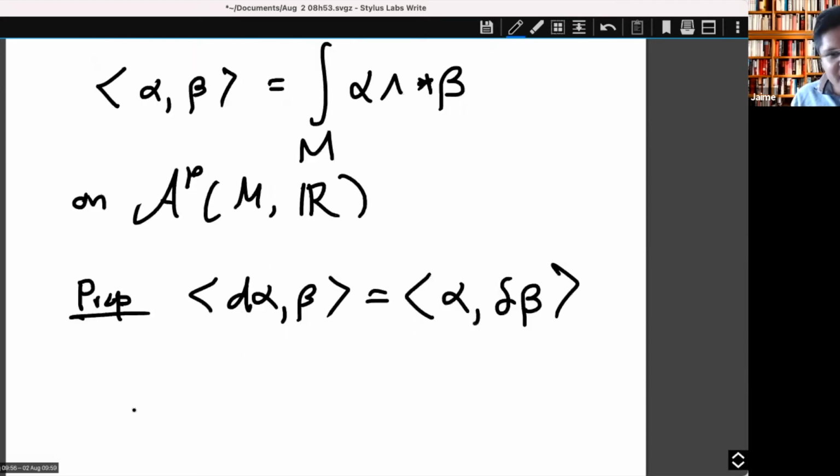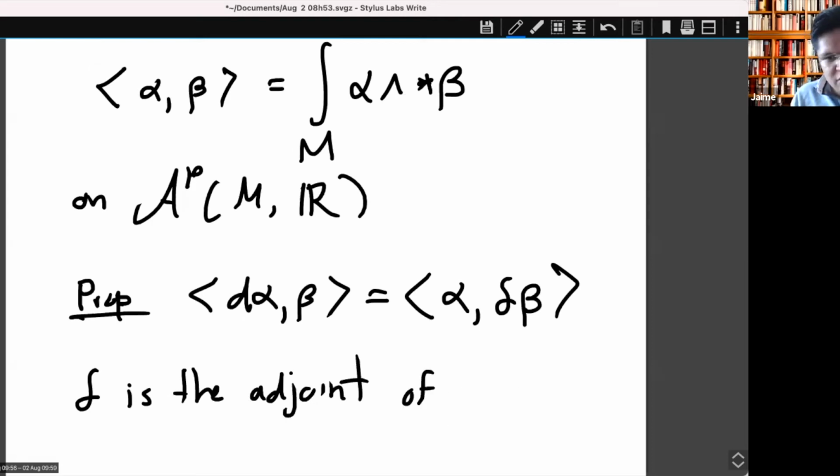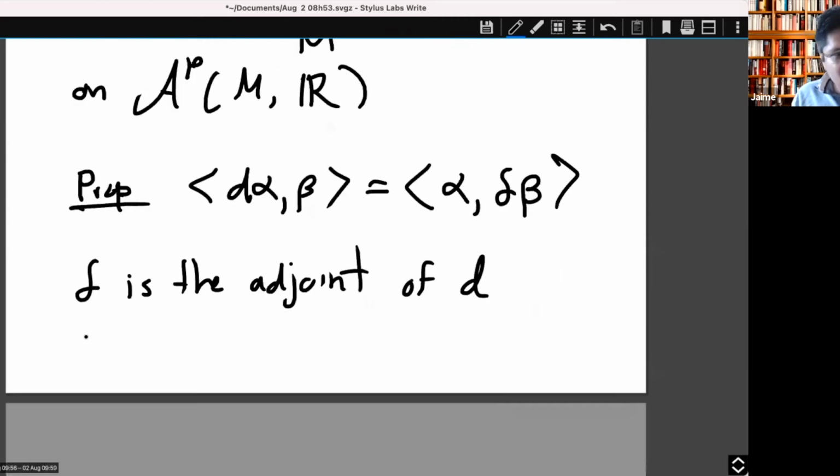So what this is telling us is that delta is the formal adjoint, as in linear algebra, the adjoint of T. And as a corollary, this is just a matter of notation, the Laplacian is self-adjoint.